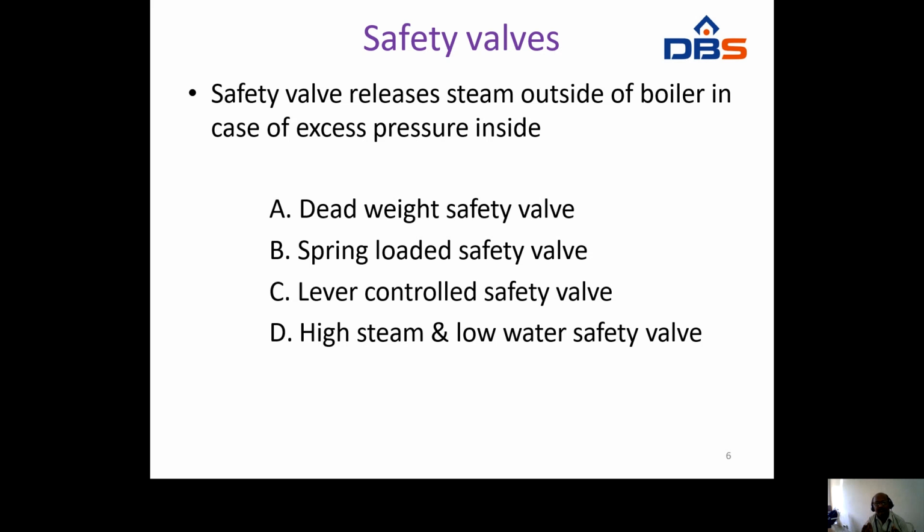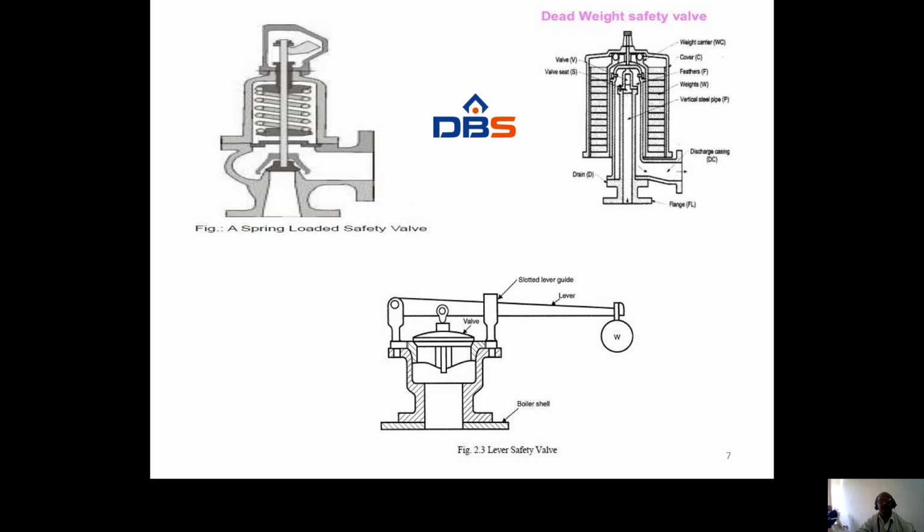Like this, the safety valve controls the steam pressure inside the boiler. There are 4 types of safety valves: dead weight safety valve, spring loaded safety valve, lever controlled safety valve, and high steam low water safety valve.